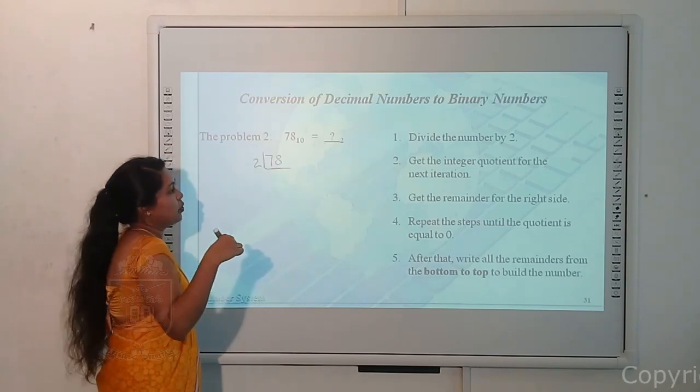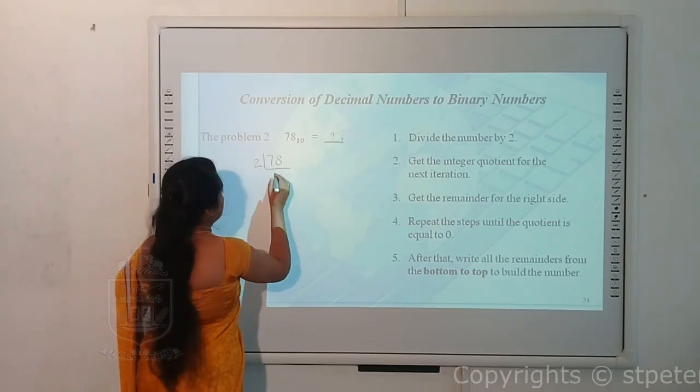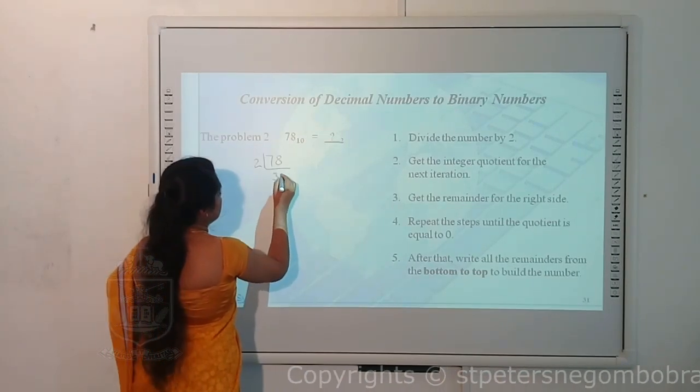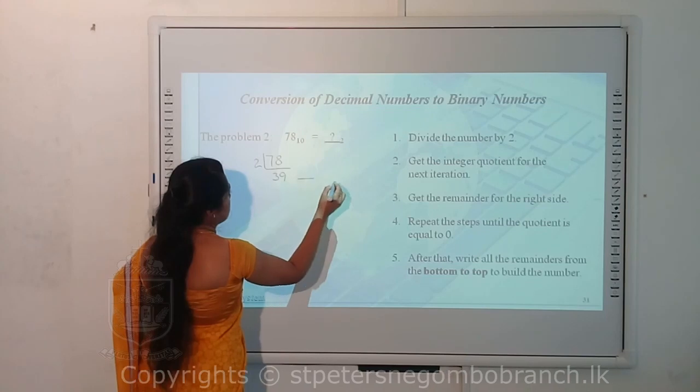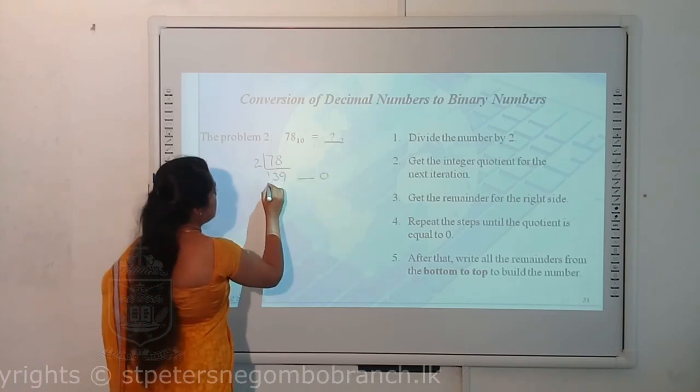Then get the integer quotient for the next iteration. No remainders.